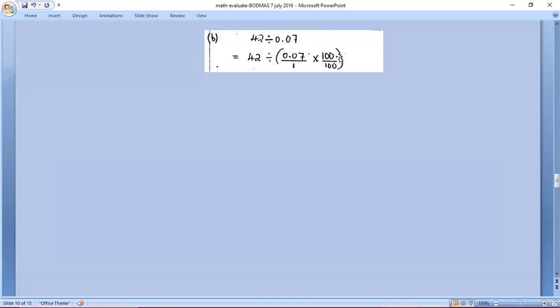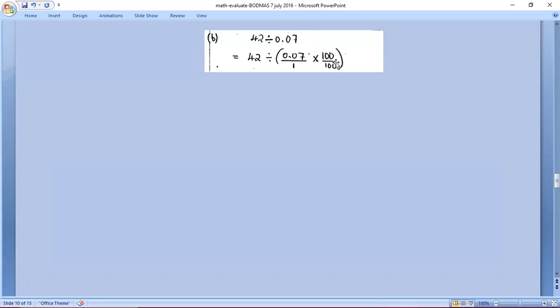But then you don't want to change anything in this question, so you divide again by 100. 100 over 100 is equivalent to 1, and multiplying a number by 1 does not change anything.